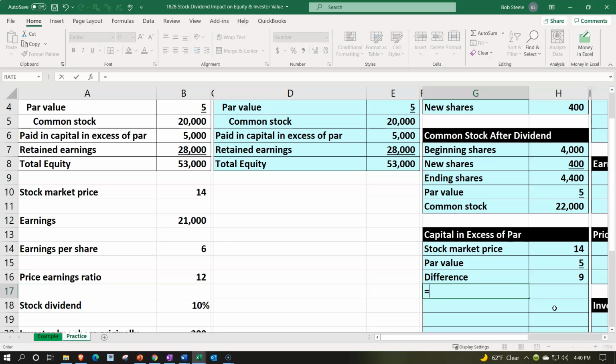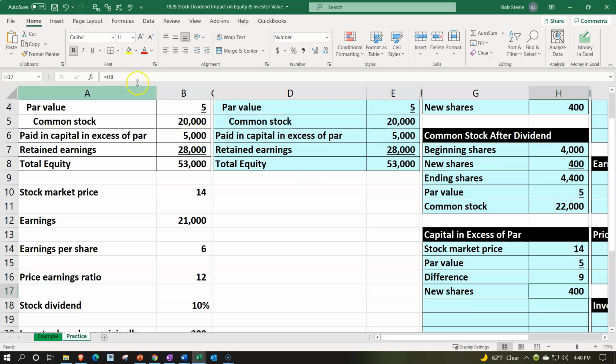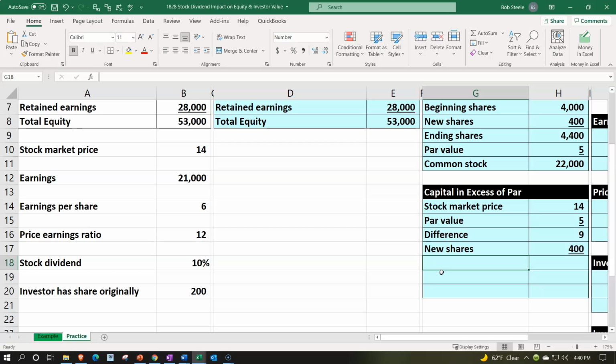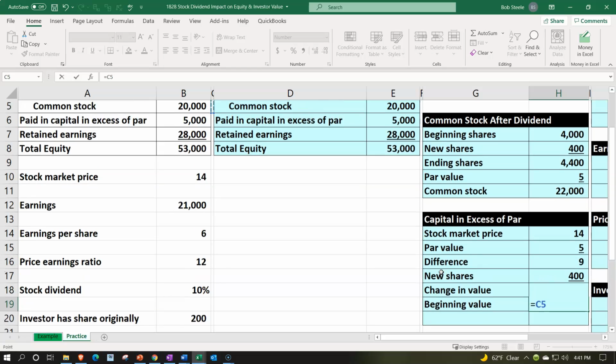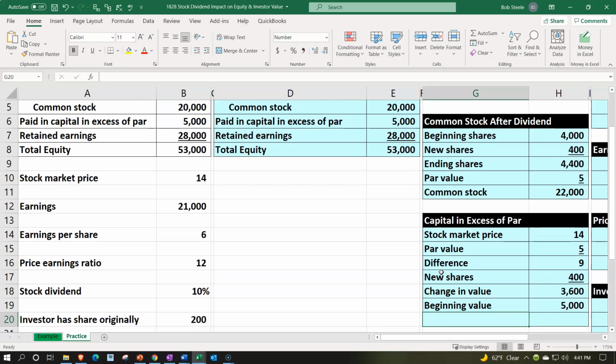And so we're then going to say the new shares. We got the new shares out there at the 400. Let's put an underline there, font group and underline. And that's going to give us our change in value. It's going to be equal to the 9 times $400, 3,600. Then we'll add that to the beginning balance. Beginning value in the capital in excess of par, which was $5,000.